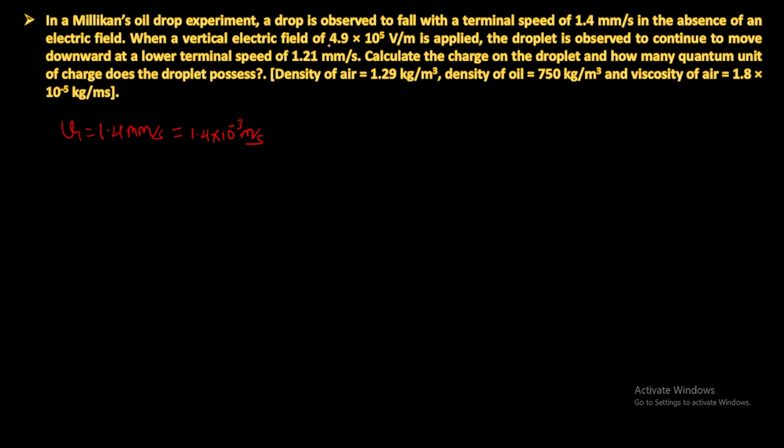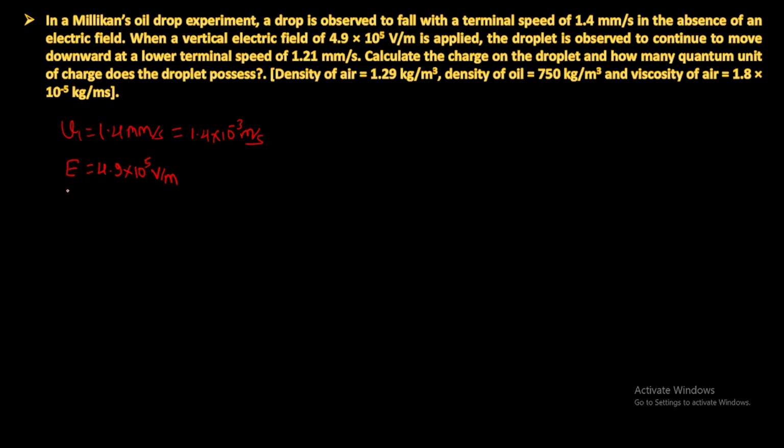When a vertical electric field, that means E, of 4.9 into 10 to the power 5 volt per meter is applied between the parallel plates, after applying the electric field, the droplet is observed to continue to move downward at a lower terminal speed.